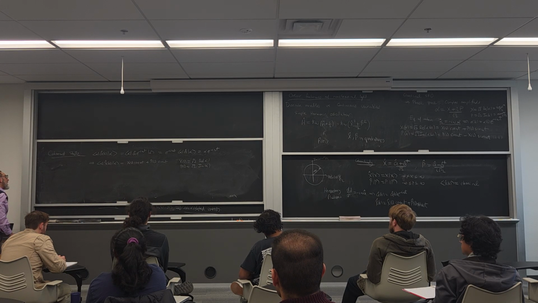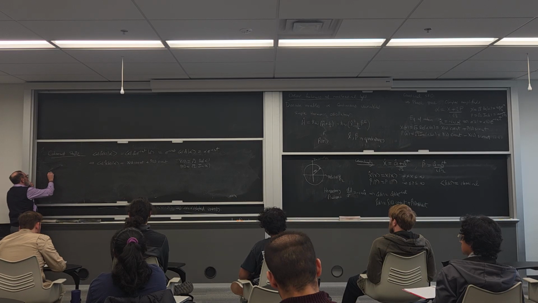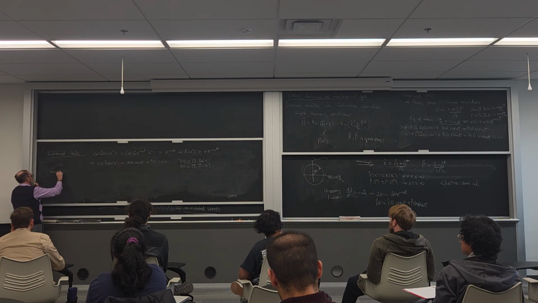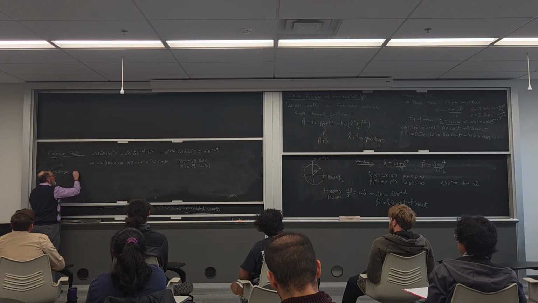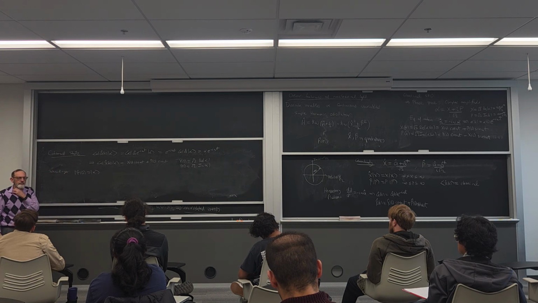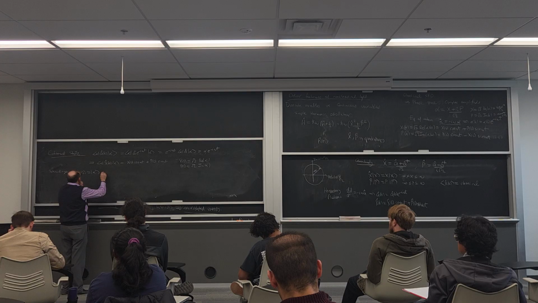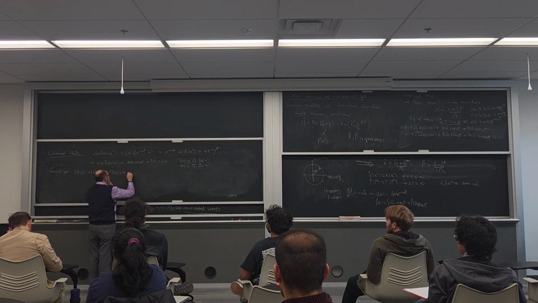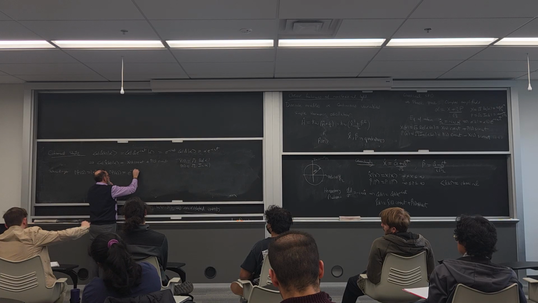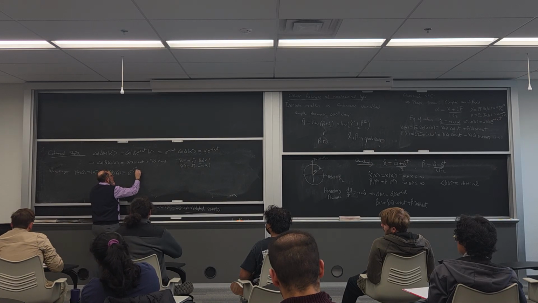Okay. What about in the Schrodinger picture? Suppose at time t equals 0, I have a coherent state. What is the state at a later time? Well, that is equal to this.